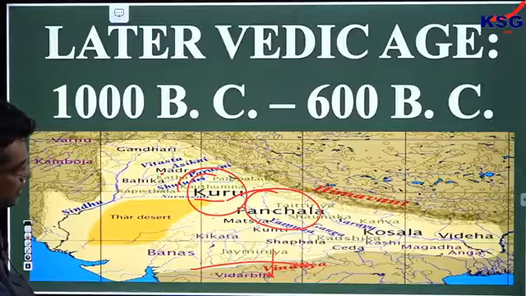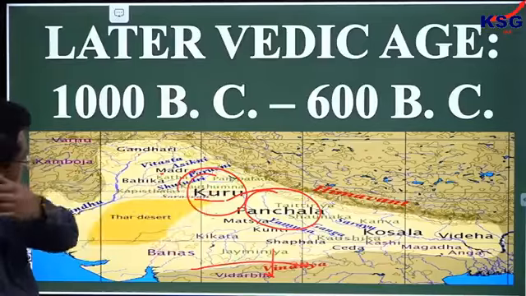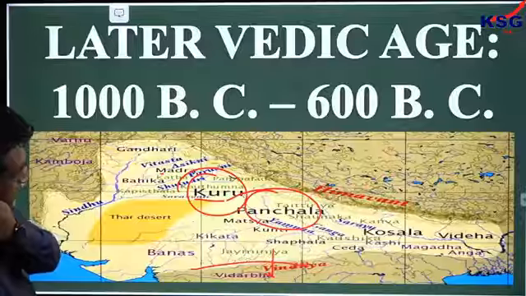So Kuru and Panchal, this is the earliest Mahajanpad. And after that we have Koshal, Magad, Ang, Bideh. So these are the other Mahajanpad.